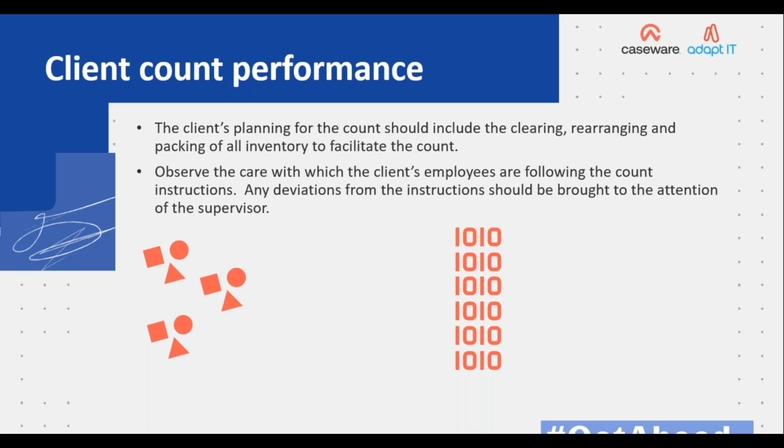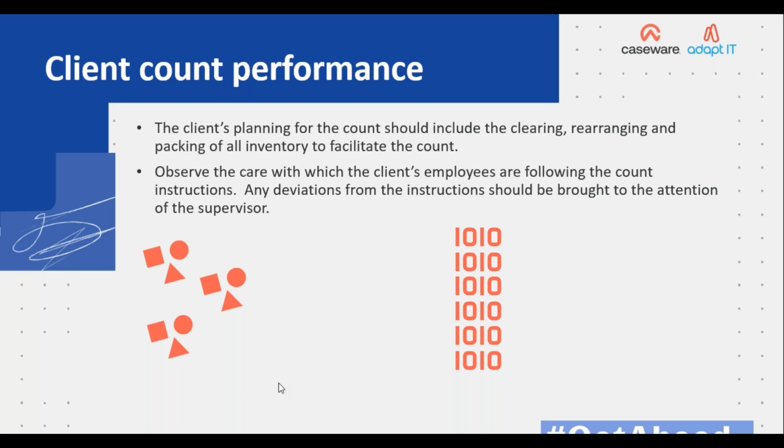So by observing the count, which is done only once a year on the year-end balance, you're simply observing the controls. You're going to see how the different client employees are following the count instructions. And by simply observing, this gives you evidence of the control over the inventory that you can obviously document.